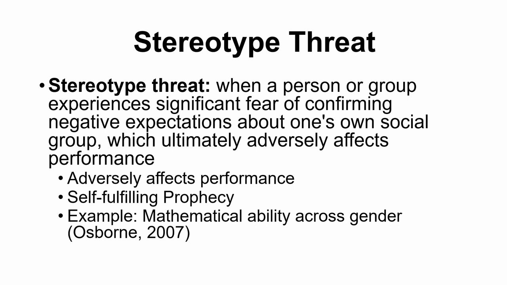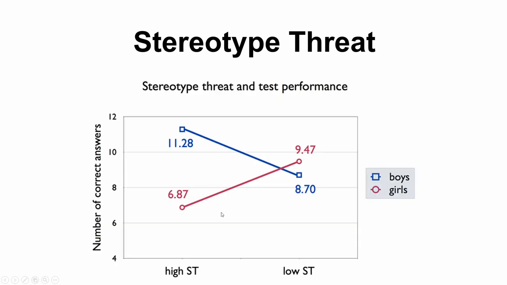So this is a really interesting concept that's actually been shown a couple of different ways. So what I'm going to do is hop between this slide and the graph on the next slide, and we're going to talk about a situation where we have the stereotype of boys are better at math than girls.